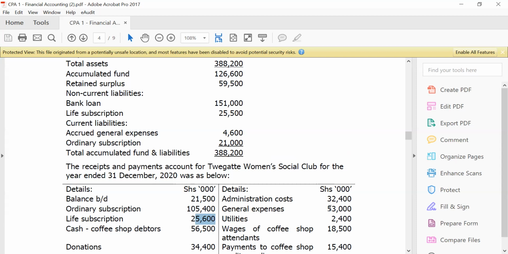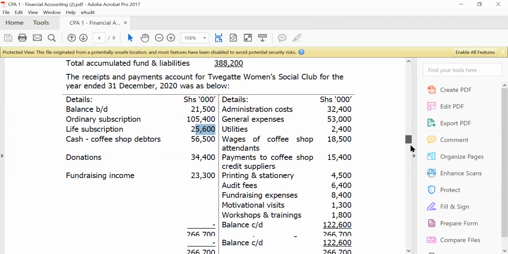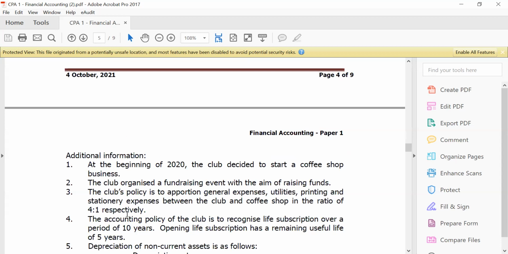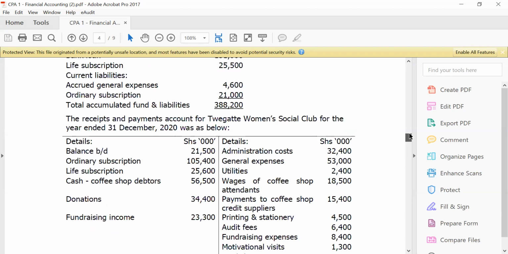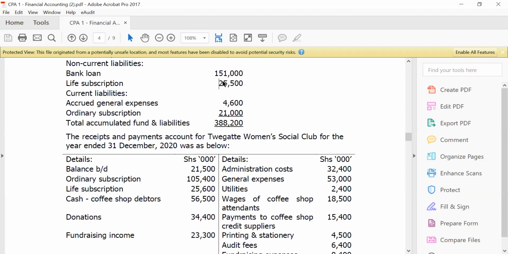I repeat, the policy has told us that the accounting policy of the club is to recognize life subscription over a period of 10 years. Opening life subscription has a remaining useful life of 5 years. So what that means is that this opening life subscription is relating to the next 5 years.